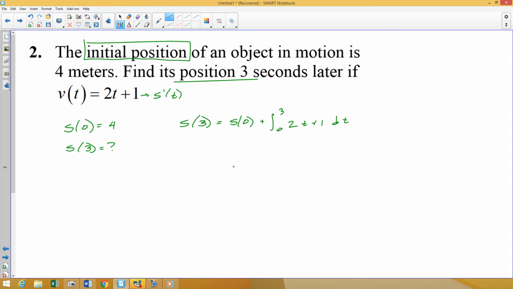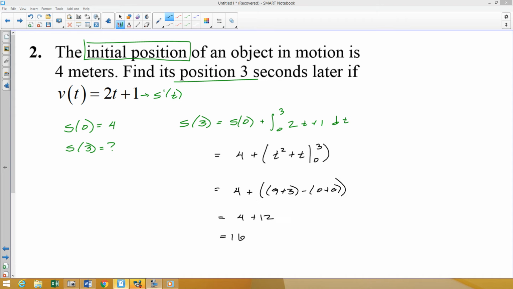So that would be s of 0, which is 4, plus this antiderivative, t squared plus t from 0 to 3. And we'll evaluate that to get our value for s of 3. There we go. Okay, one more problem.